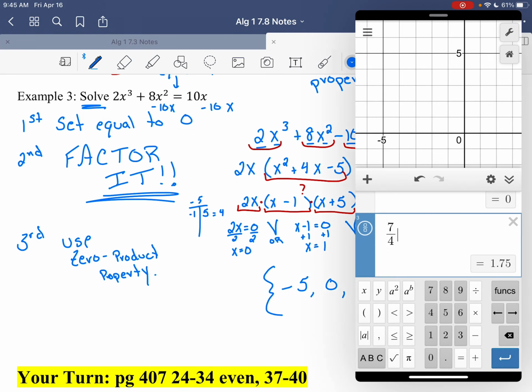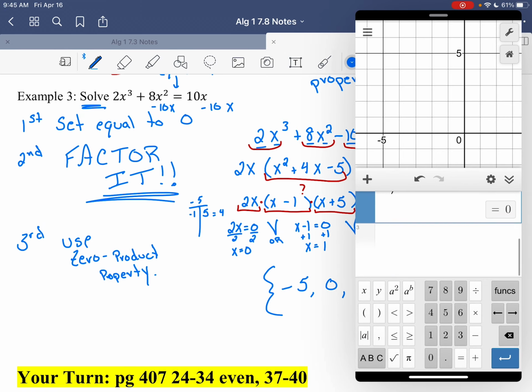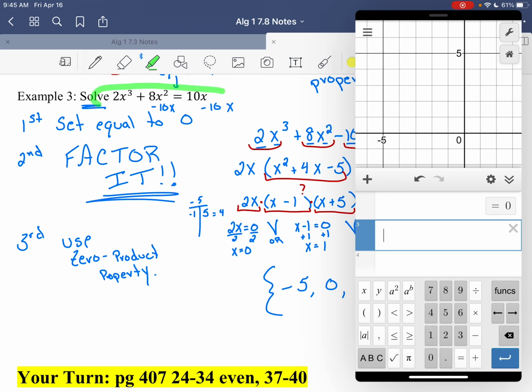What's nice to check is to check it back in the original. What I mean by that is the first solution was -5. So I open up my calculator and I'm looking at this original equation right there, and I'm going to plug in a -5 for all those x's.